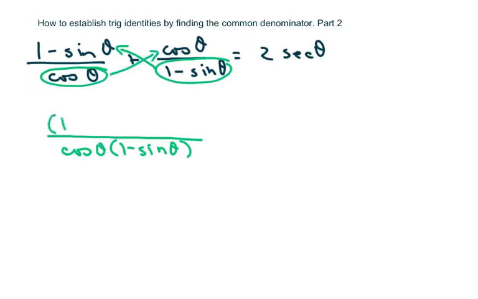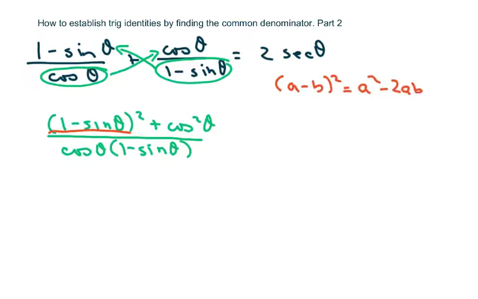So I'm going to write this as (1 minus sine of theta) squared plus cosine theta squared, right? And then after that, we're going to go ahead and take care of this part. Remember, this is your (a minus b) squared equals a squared minus 2ab plus b squared. So that's what I'm going to do with this.